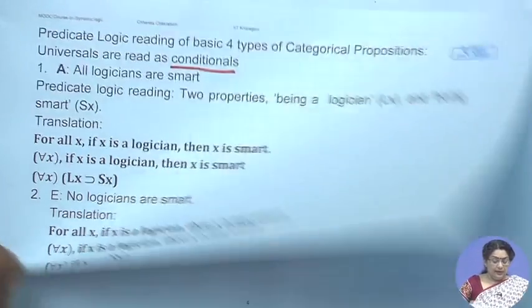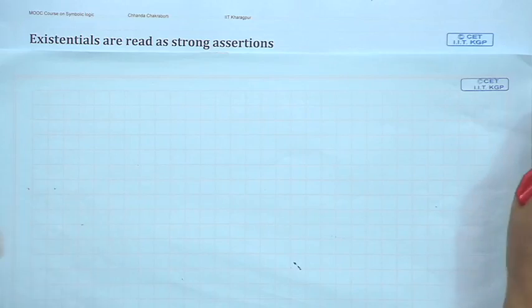All right. Here come the other two. Now, the other two means I and O. The I and O, which we earlier called the particulars, we are now calling existentials. Remember, existentials, I have said, carry a default existence claim.